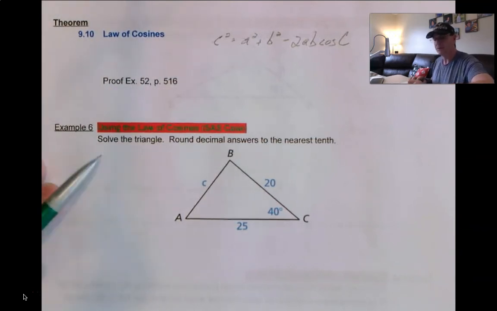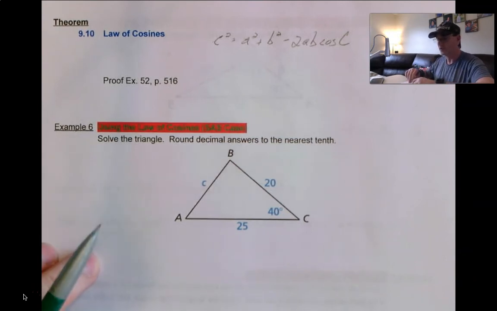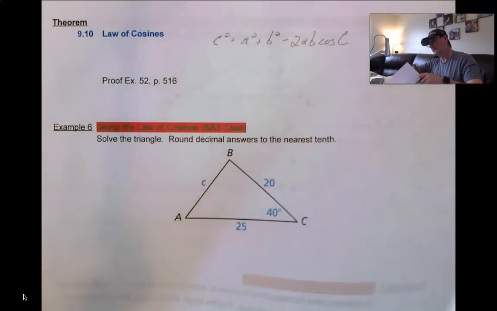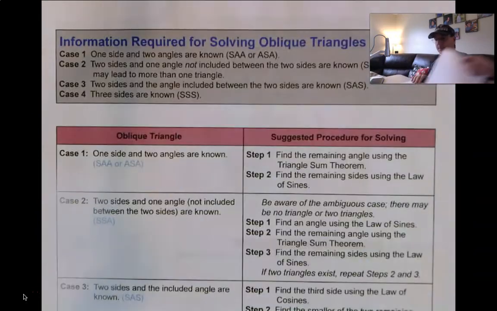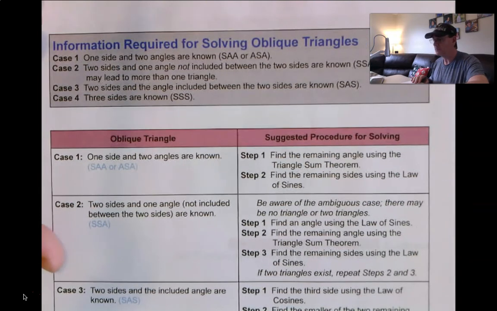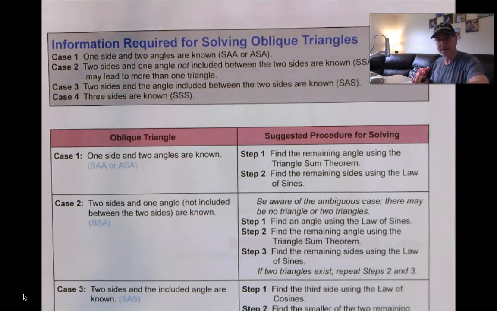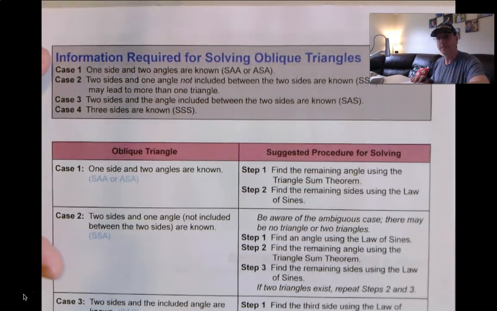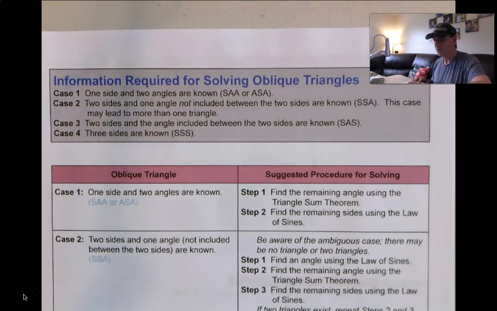Okay, so we're going to solve this triangle. Now, before I go any further, I'm going to jump ahead to this page. I didn't show you this page before because when we were doing law of sines, it wasn't that important. In fact, it's not important when we're doing law of sines, but when we're doing law of cosines, this page really comes into play.